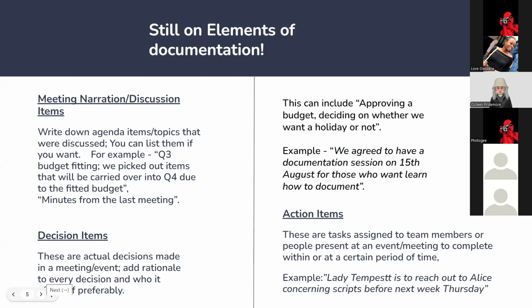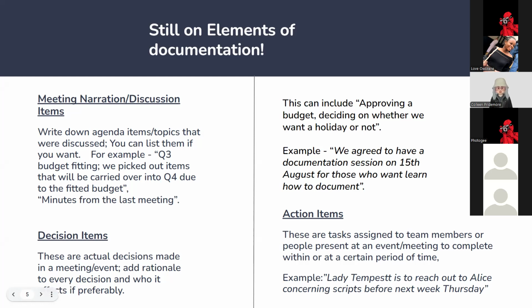This can include approving a budget, or deciding on whether we want a holiday or not. Example: we agreed to have a documentation session on 15 August for those who want to learn how to document. That is today. You can see the word agreed. It's something that everybody agreed to, something that everybody said, yes, let's do it.